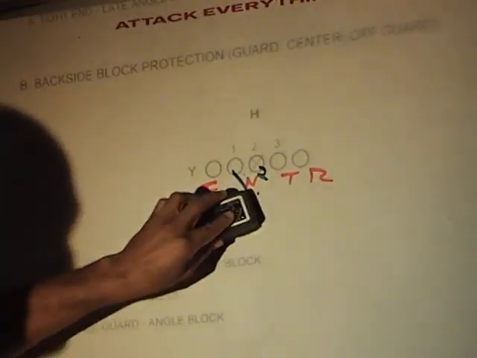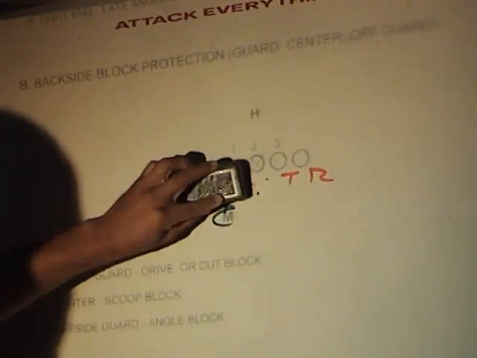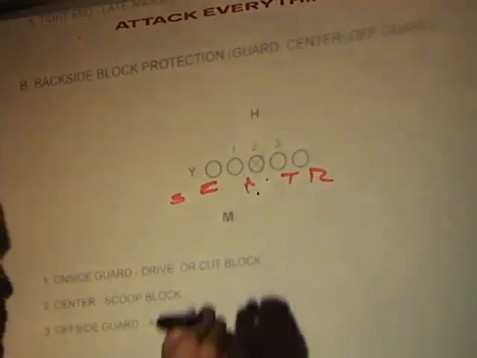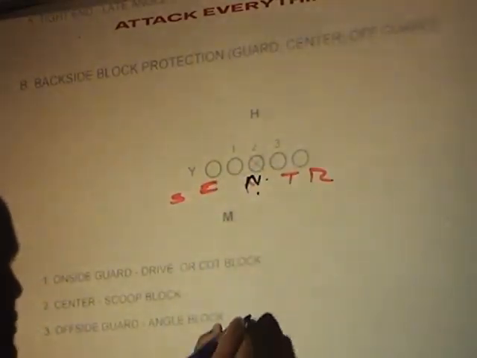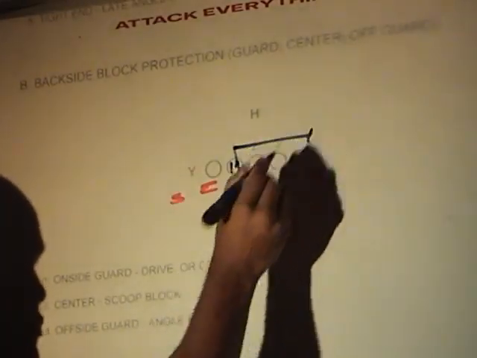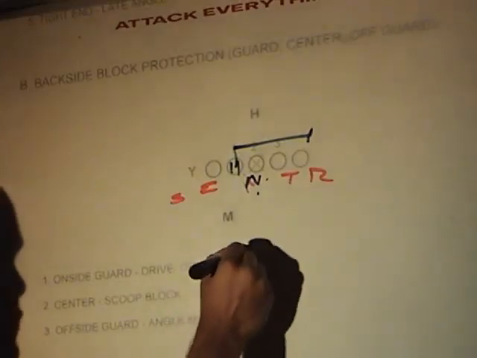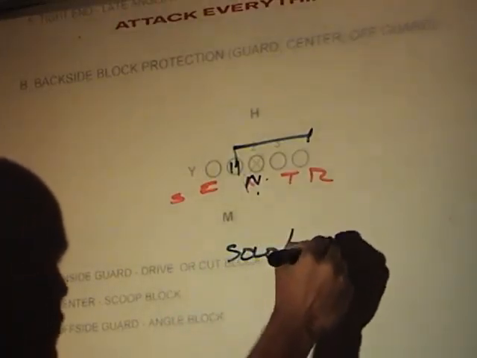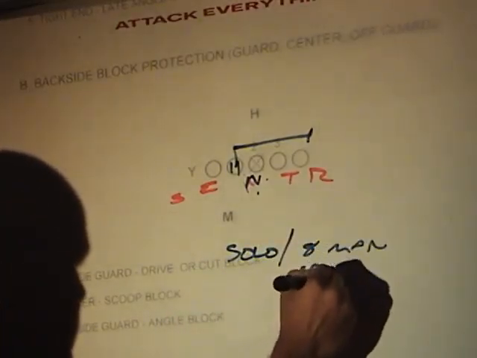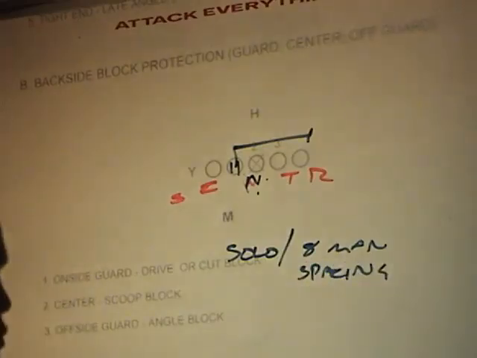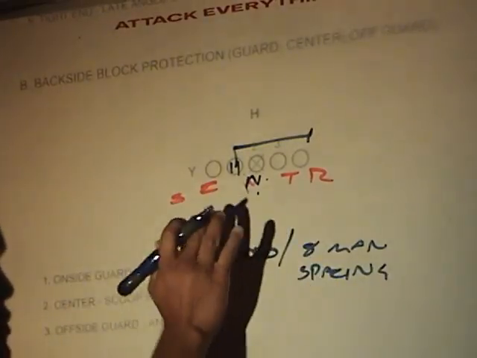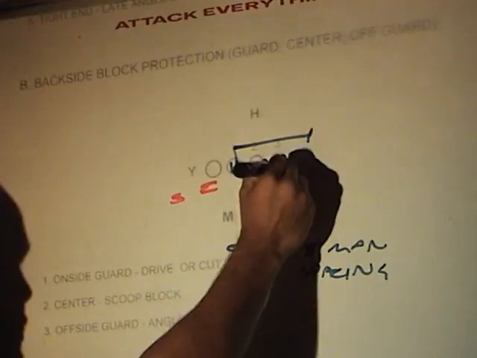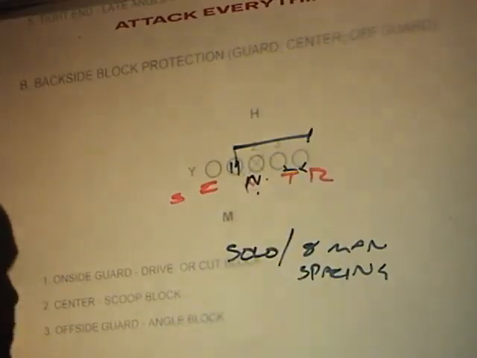Okay, if for any reason I get a pull by the guard, again, it's important to know what type of spacing I have. So if my guard pulls front side, I have to know again whether it's solo or it's 8-man spacing. So this situation here is a little bit more critical. If it's solo spacing, I'm always going to get a double team on my 3 technique.